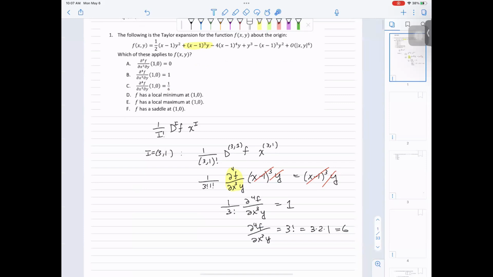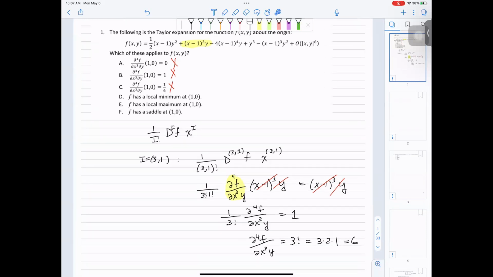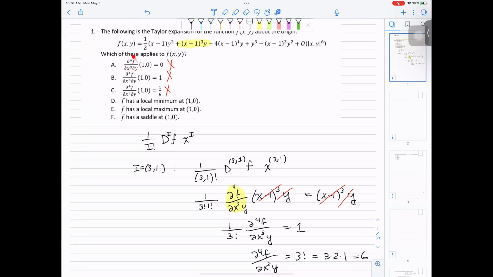And is that any of our answer choices? No. So I know that all three of these are not correct. Where did I get the 3 and the 1 from? It's because I'm looking at the answer choices and they're asking me for the partial of x 3 times and y once. So the first number should be 3 and the second number should be 1.